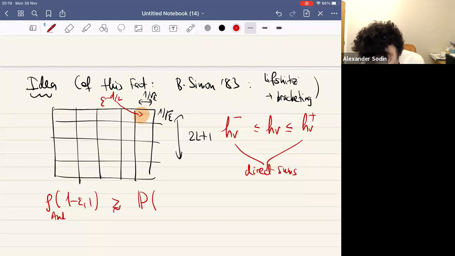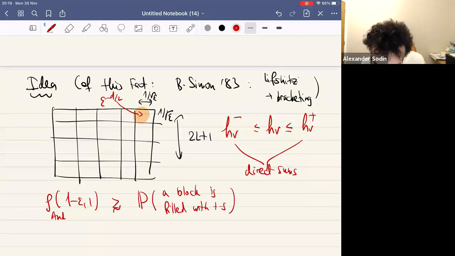So this is greater or equal, perhaps up to some trivial factor, to the probability that a block is filled with pluses, and this is exponential in the volume of the block.